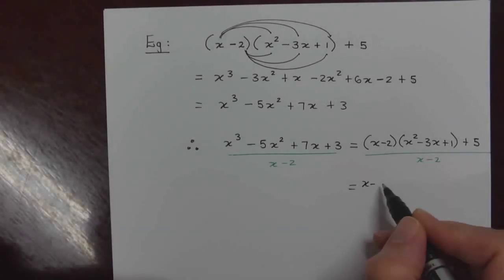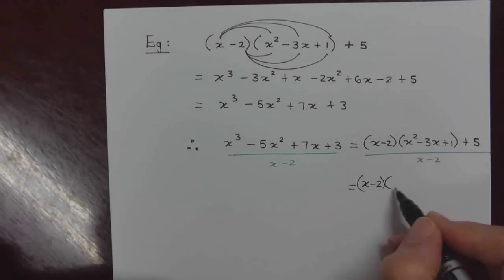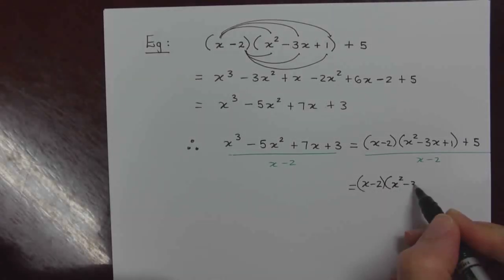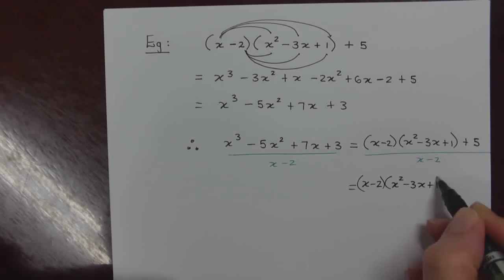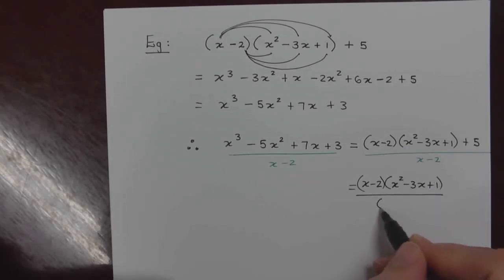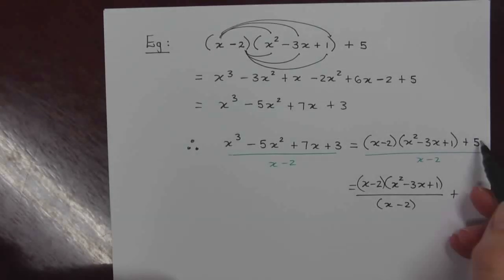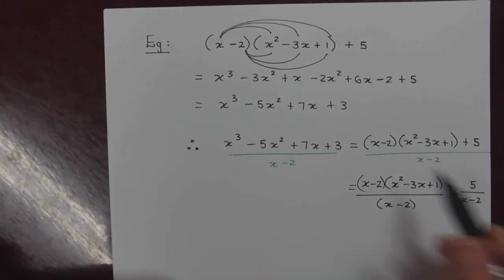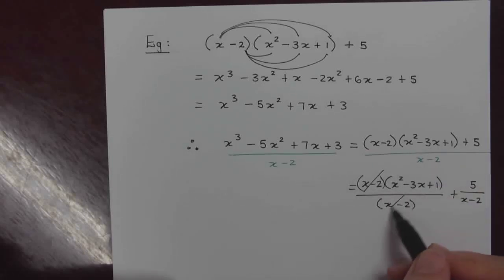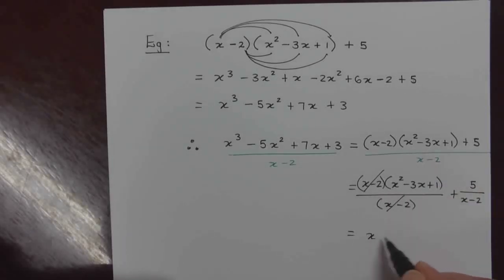So if I take that first term, x minus 2 times x squared minus 3x plus 1, and I put that over x minus 2, plus then that second term, 5, and I put that over x minus 2. Over here, I can divide away the common factor, and then I can rewrite it out as this.